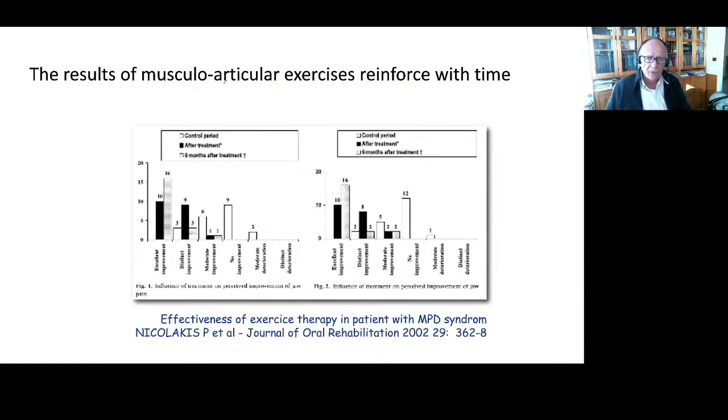And the result of musculoarticular exercise is reinforced with time. When all the other therapies, all the forms of treatment, the result decreases with time. With exercise, the results increase with time.